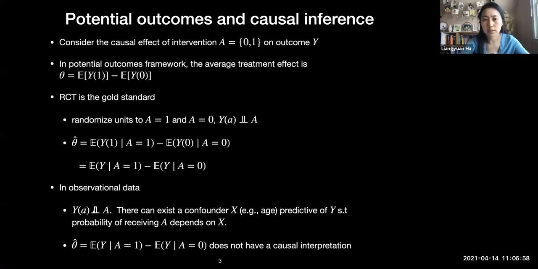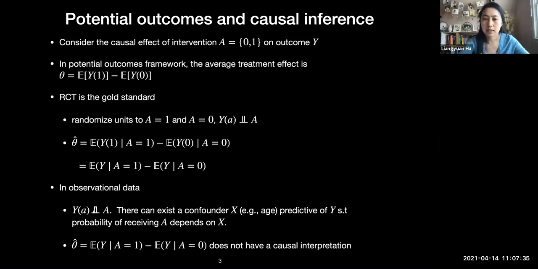The randomization would make the two groups of units more or less similar in terms of their characteristics, so that a person's potential outcome to either treatment or placebo or control would not depend on which treatment group this person was assigned to, but simply depends on how the treatment works. So the potential outcome would be independent of the treatment assignment. And then in this case, we would just simply look at the difference in the observed outcome between the two groups, and that's the causal effect.